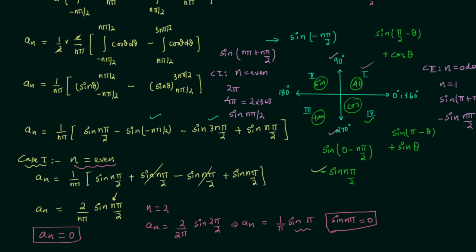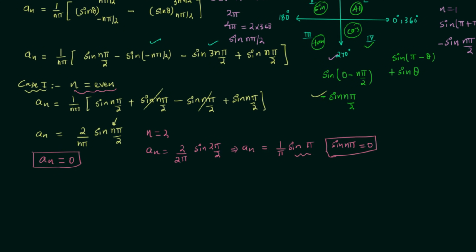Now we will consider the case number 2 in which n is odd. So let's move to case number 2, and in this case n is odd. For odd we have again two different cases.